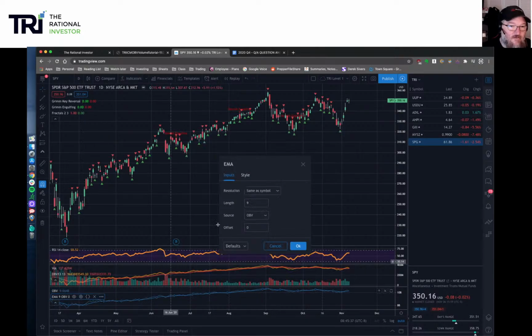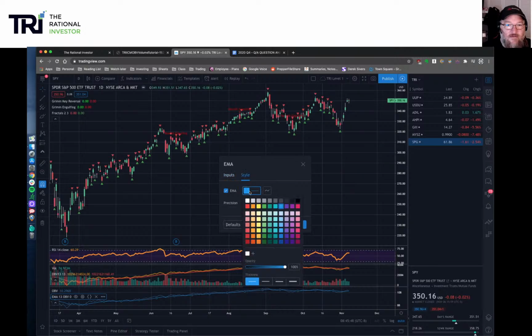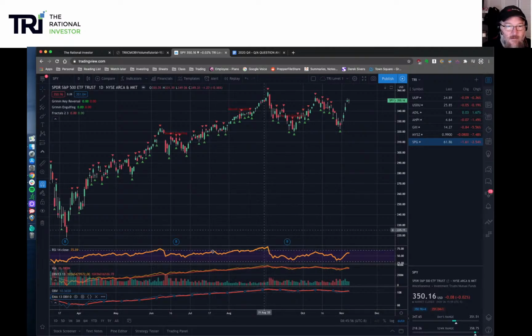We have to change the coloring on it so we can see what's what. We need to change our periods. This is a 13 EMA, but essentially that's how you can go about it, right? But you're going to be limited, especially if you're using a free account on TradingView.